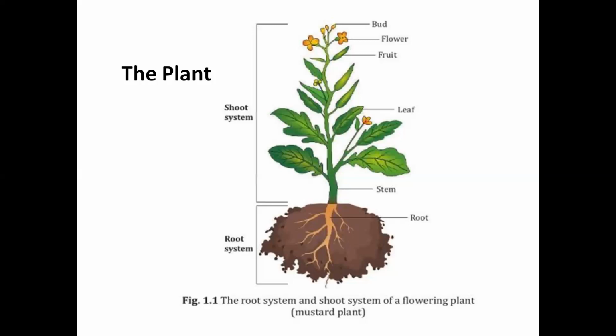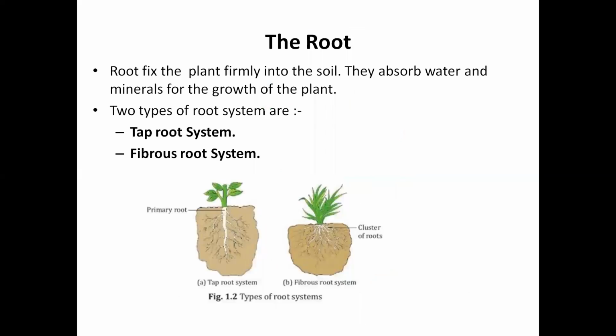Next is the root. Roots fix the plant firmly into the soil. They absorb water and minerals for the growth of the plant. So the root systems are of two types: taproot system and fibrous root system. You can see figure 1.2.